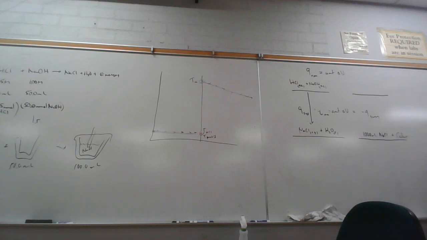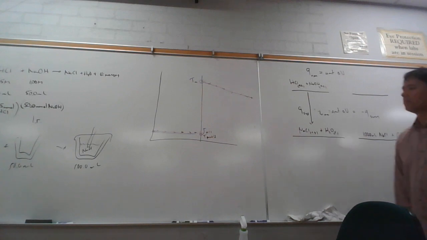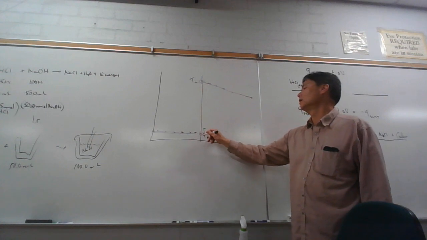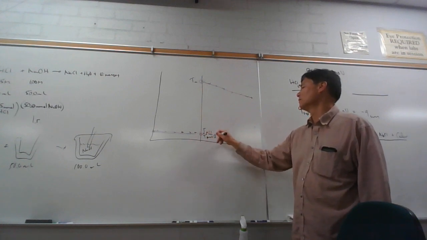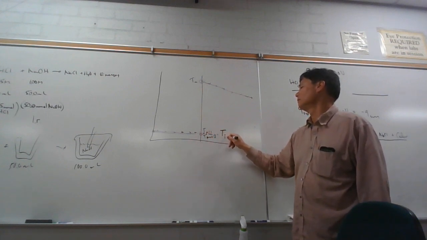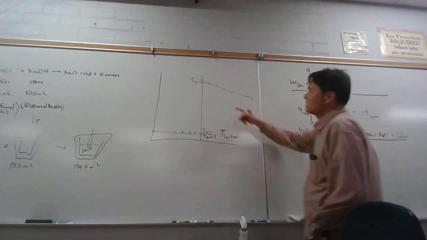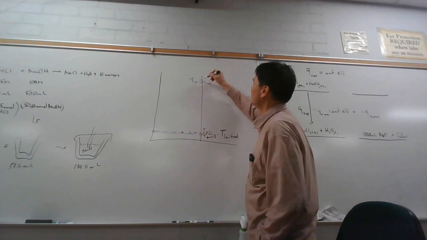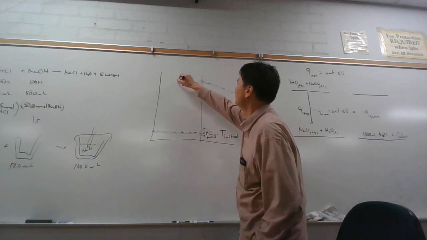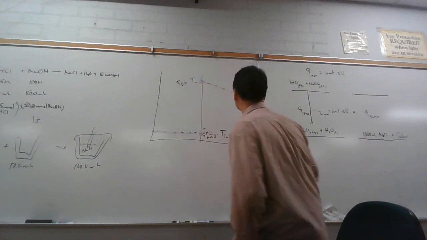And this is going to be at T initial, or T cold, if you want to call it. The T mix here at 6 minutes will be the T final. So T final is equal to the mixture temperature here.